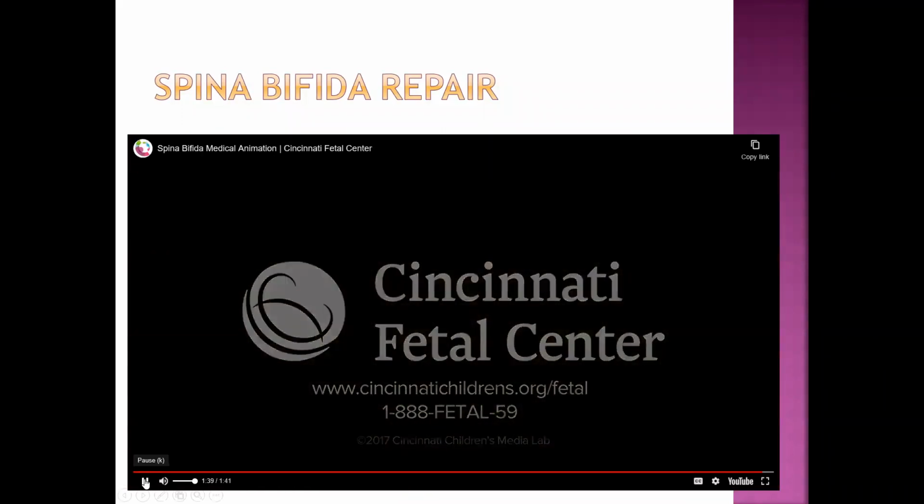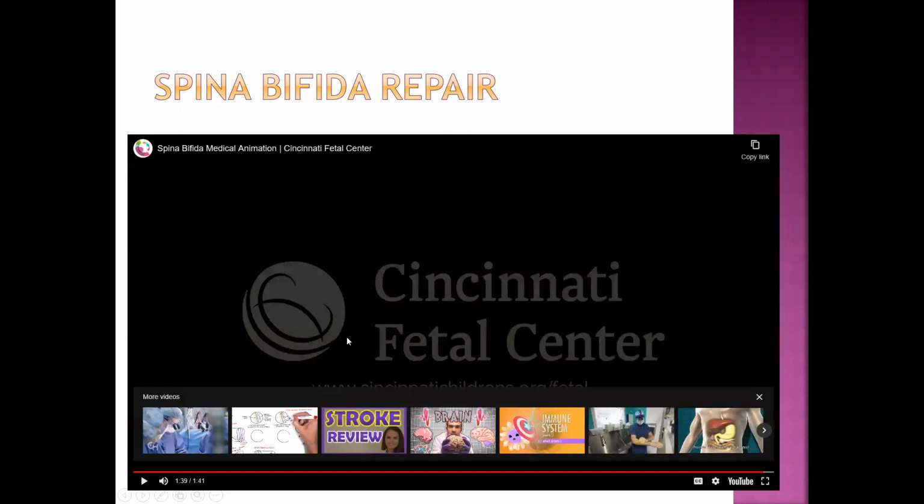Okay. So it's so amazing that we can do surgery on a baby while they're still in the womb. So I told my student, I said, you may be a candidate for in utero surgery. And so that's when she said, yeah, we've already been contacted. There was a hospital in Colorado that specializes in this.